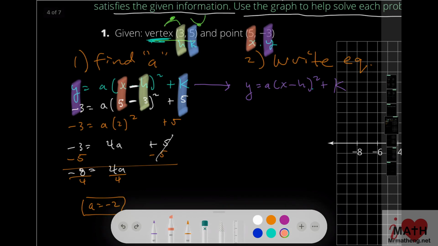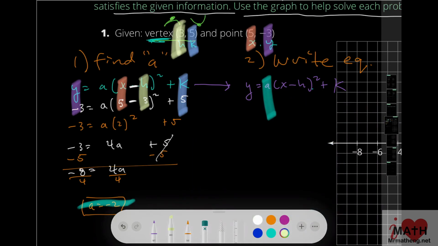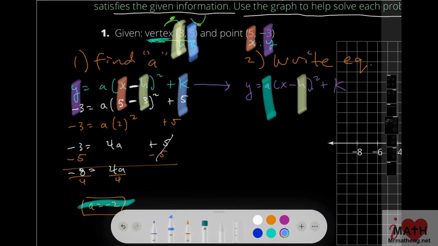We need to write an equation, which means it has both x's and y's. So we need to put in our a value that we just found, the h value, that's what I want to say. The h value from up here is going to go here, and the k value from up here is going to go right there.